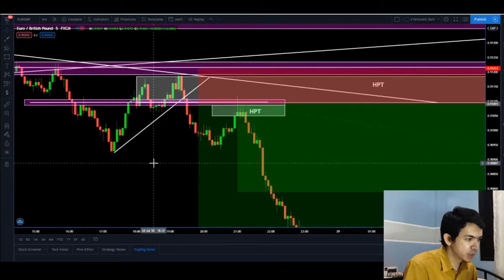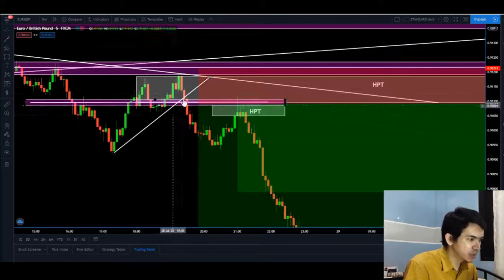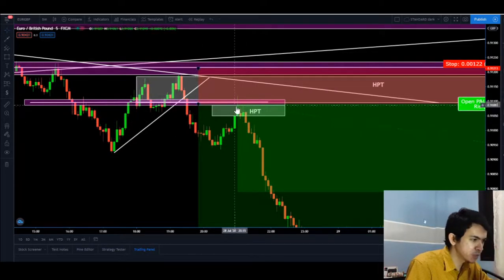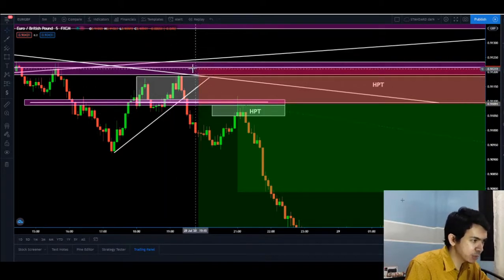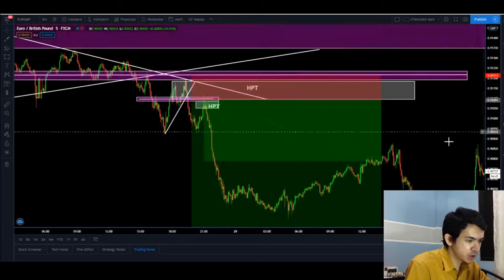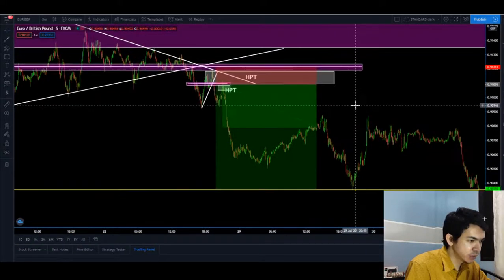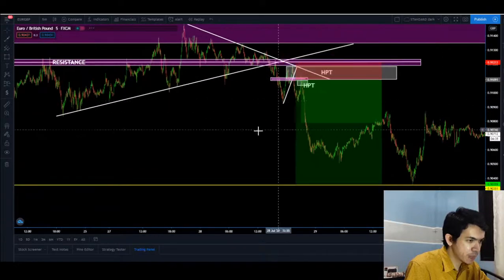Then I know when this candle had broken this counter trend line and this horizontal resistance, I am now in a high probability trade area or setup. So I quickly placed my trade as a short, stop loss above structure, and then take profit level coming from a higher time frame. That made me a 1:6 trade.